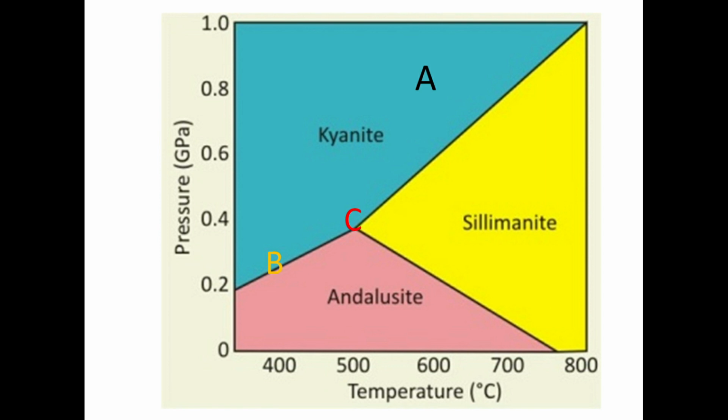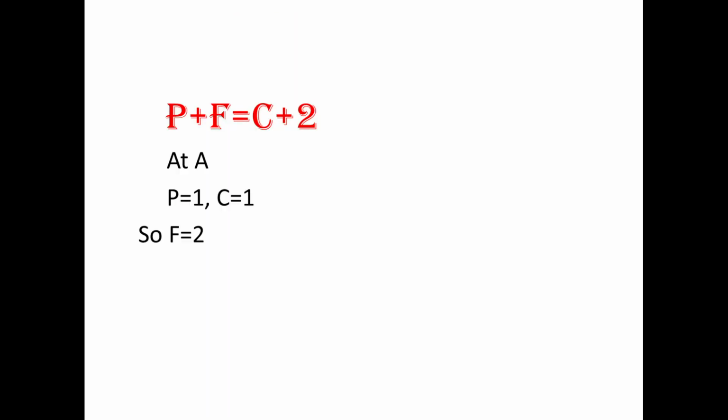If we apply the Gibbs phase rule at point A, there we have just one phase, that is kyanite, and as it is a unicomponent system, the only component being Al2SiO5, the component number will be 1. If you put the values of P and C in the phase rule, we get the degree of freedom as 2.